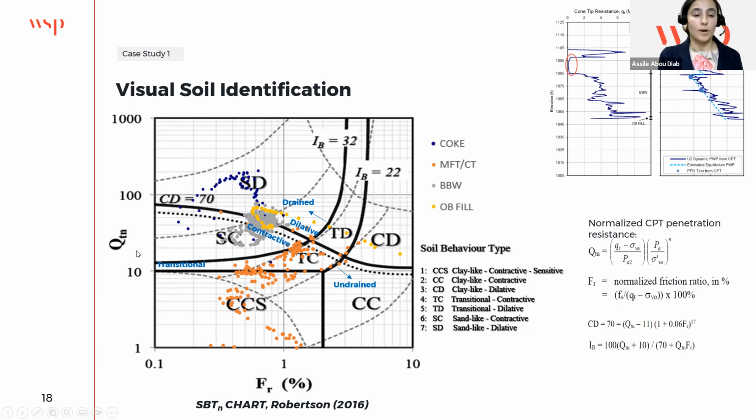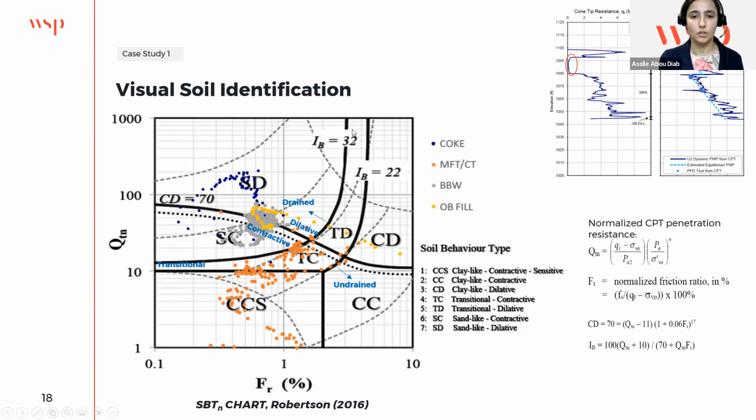On the y-axis, we have Qtn, which is the normalized CPT penetration resistance. It's the cone resistance normalized to the overburden stress and taking into consideration different soil types. So actually, these 2 parameters are just obtained from empirical correlations that use the 3 main readings of the CPT data.